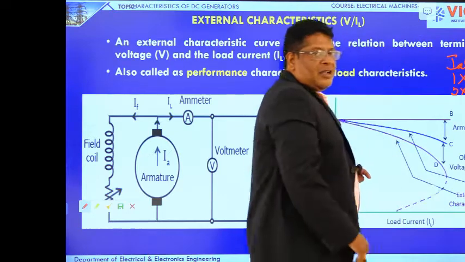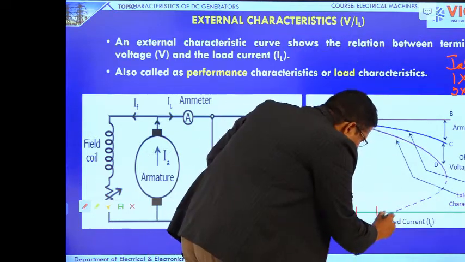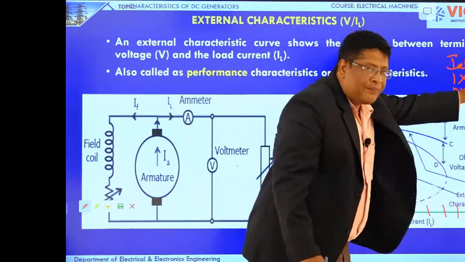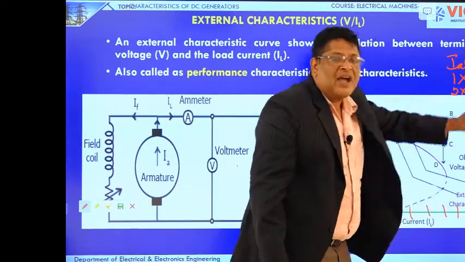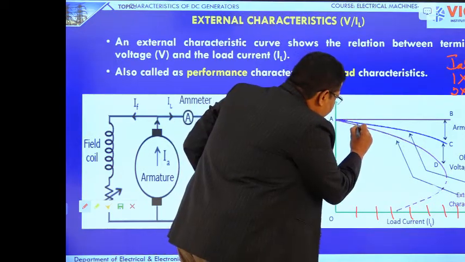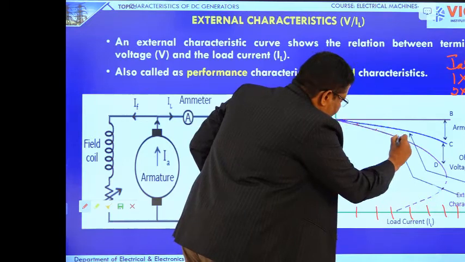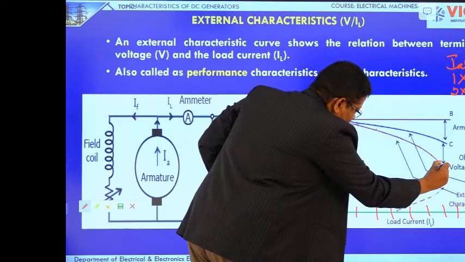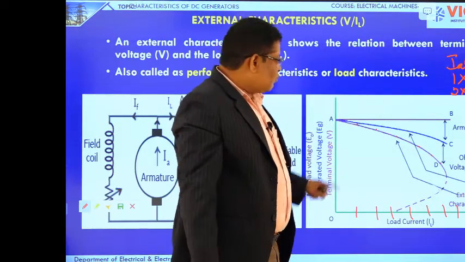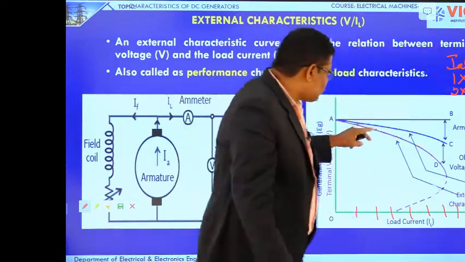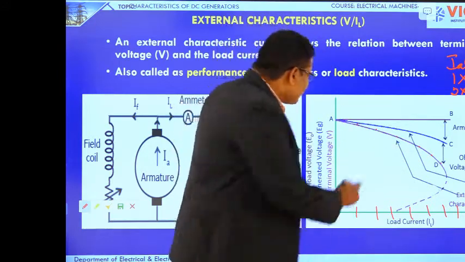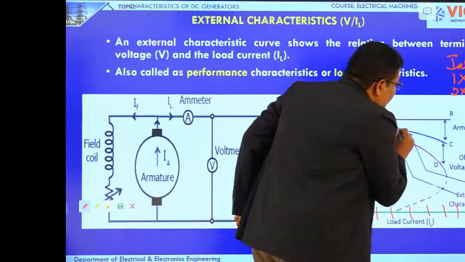In this manner, at every value of load current we find this drop, which is the armature resistance drop, and we add it to this graph at every point. So whenever we add this drop to the external characteristics, we get the internal characteristics.